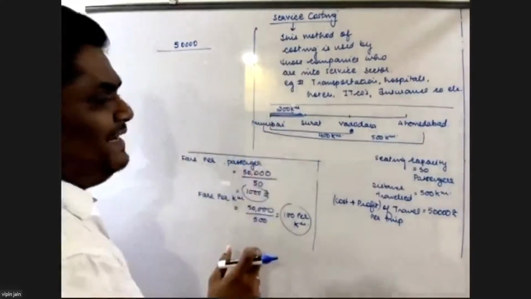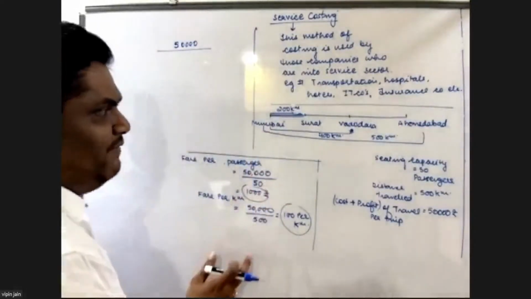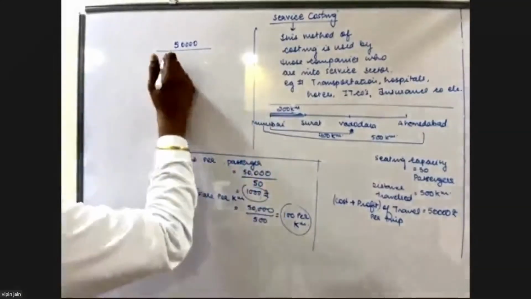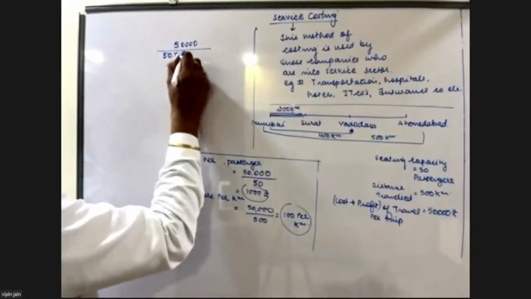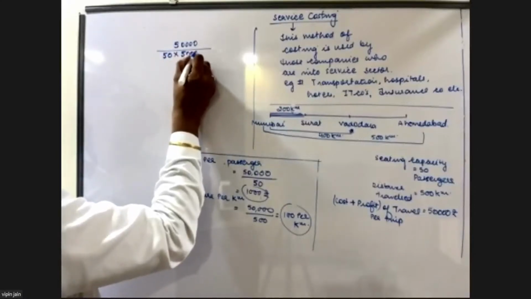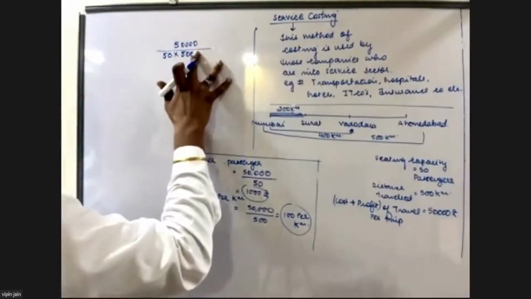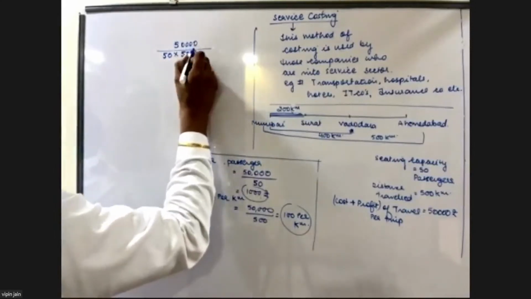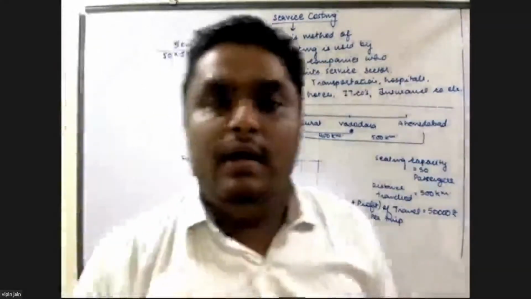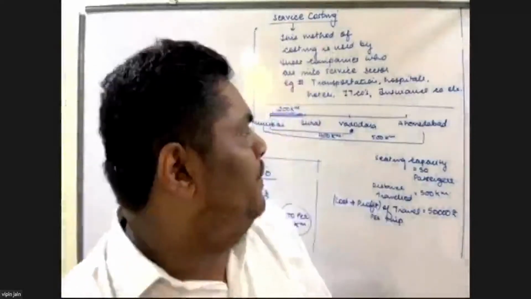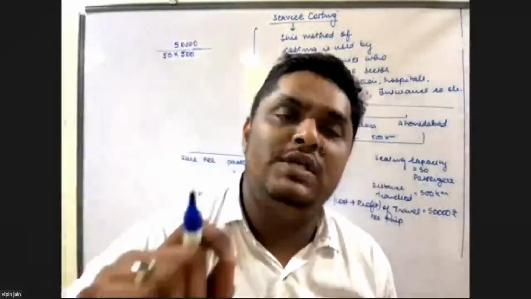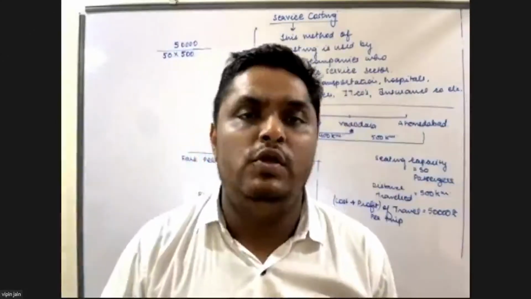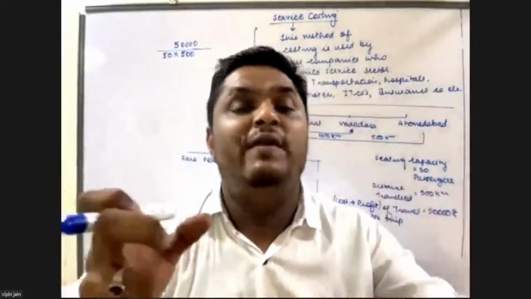Divided by, since two factors are important, the total number of passengers traveled, which is 50, and how many kilometers they have traveled? 500. Since a person is traveling from Mumbai to Surat, some persons are traveling from Mumbai to Vadodara, some are traveling from Mumbai to Ahmedabad, the fare will be different for everyone.